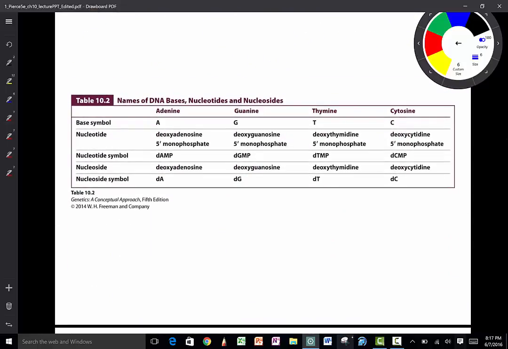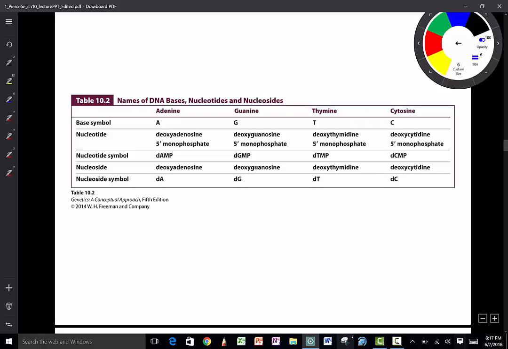So these are just some names of the different nucleotides, and you name them slightly different things depending on what state they're in. And so the nucleoside is just the sugar and the base, and then when you add a phosphate, it becomes a nucleotide.